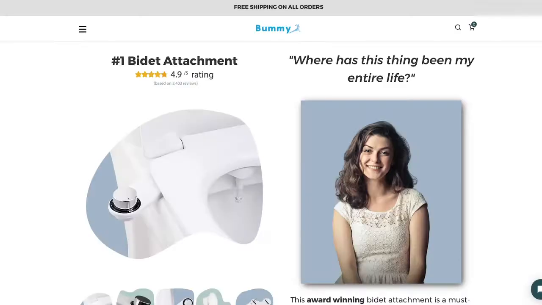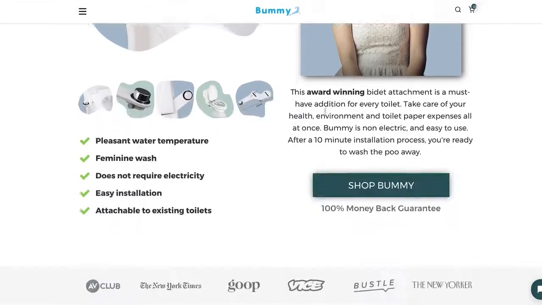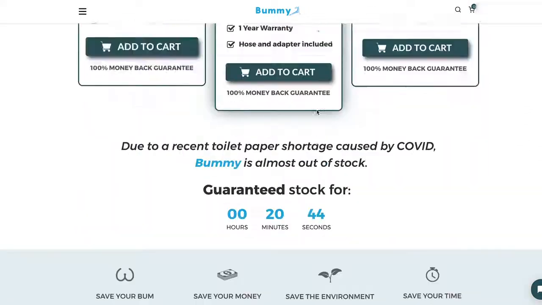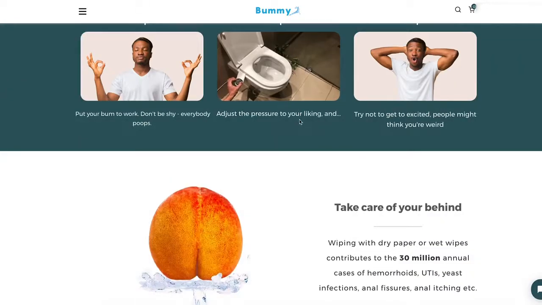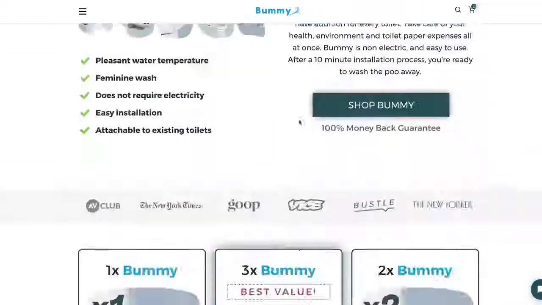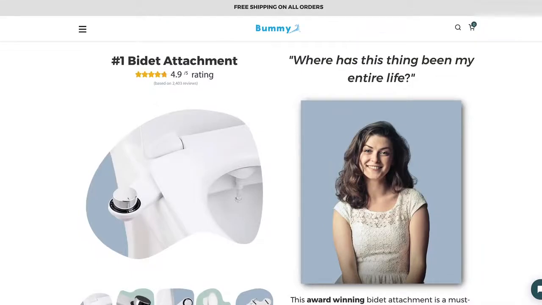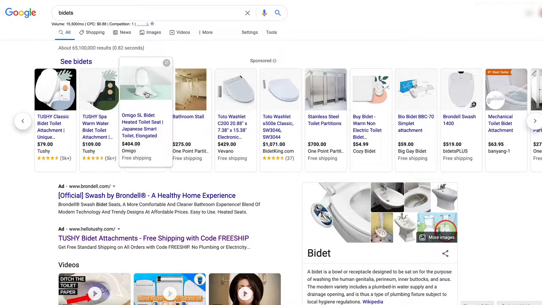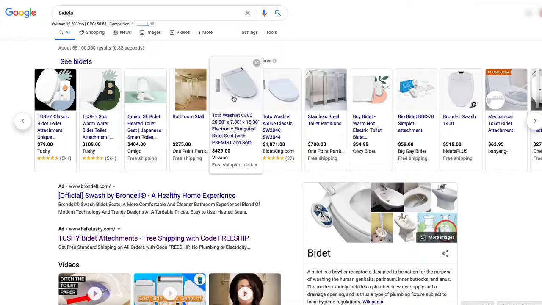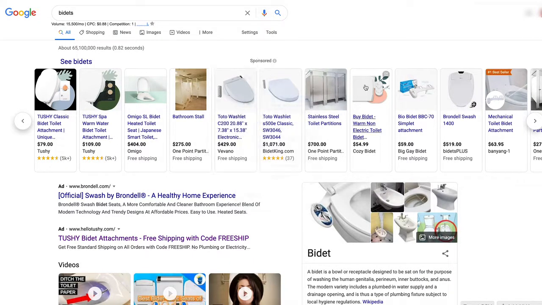And guys, if we go through the landing page, it's done just exactly how we show in the course, right? Very well done. I don't want to bore you guys by going through it again. If we look at some of the competition like Tushy, this is where they took a lot of their inspiration from. But we can see there are different competitors with different price points that are obviously different products.